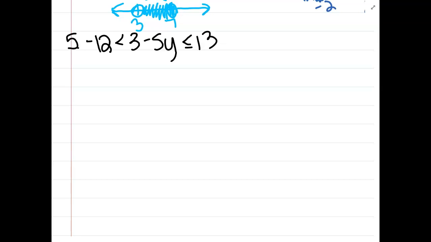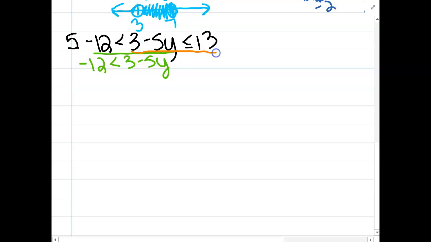Okay, what's the first thing I need to do with this one? Yeah, I've got to split it apart. Very good. So the first inequality is negative 12 is less than 3 minus 5y. The second one is going to be 3 minus 5y is less than or equal to 13.